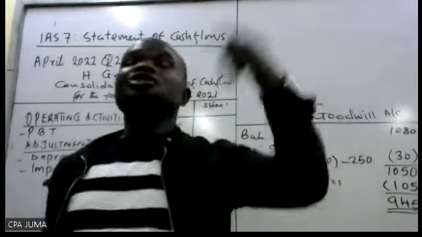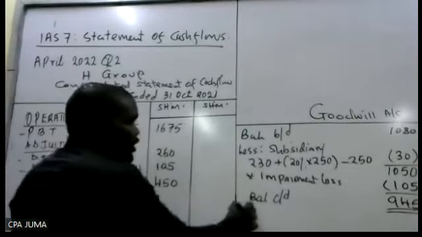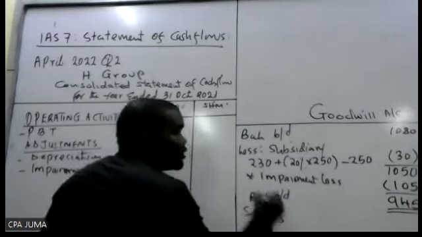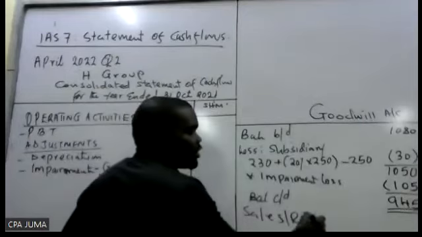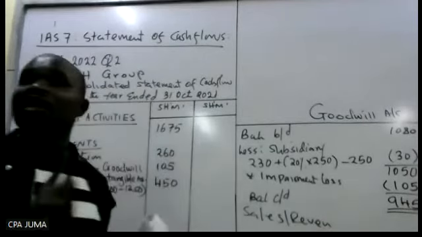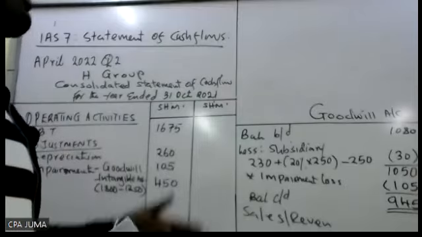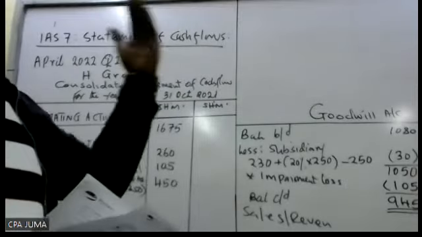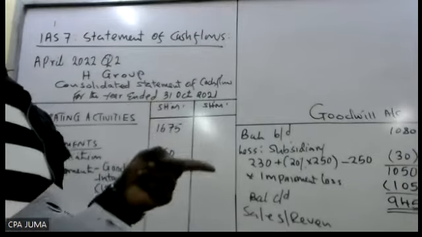Gain on disposal is not an operating income. The only operating income we have is the daily what? Sales. So in the question, when they write revenue, we assume revenue is the sales. Any other income apart from that one is not operating. Fine, we acknowledge it's an income, but it is not something we generate on our daily operations. So that gain was used to reduce admin.